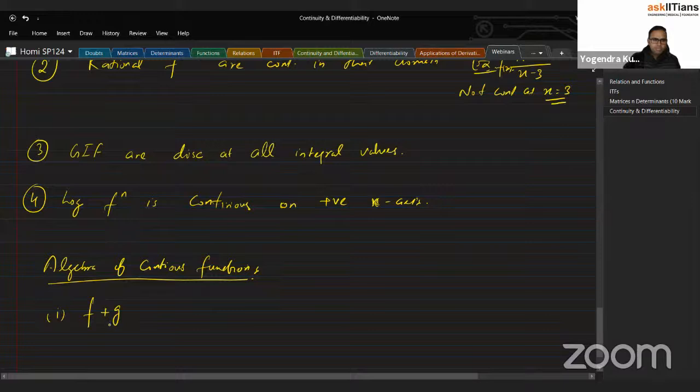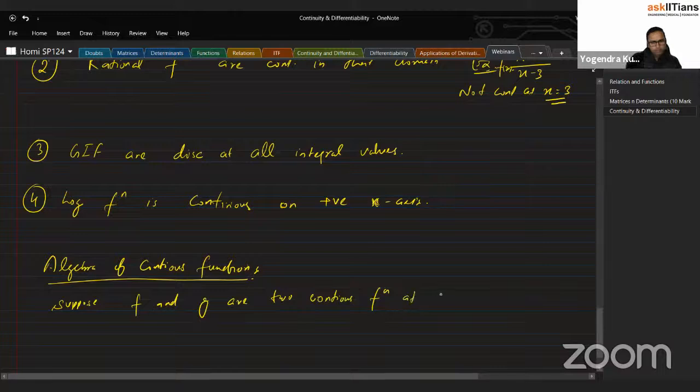Let me define it this way. Suppose f and g are two functions continuous at some point x equals a. Then what can we say?